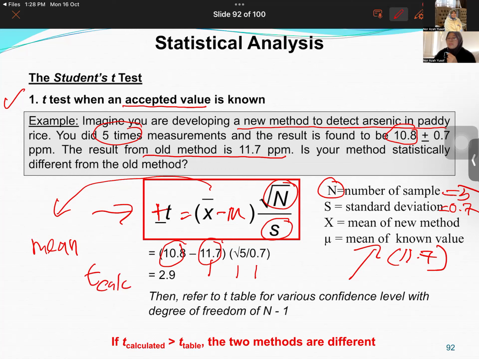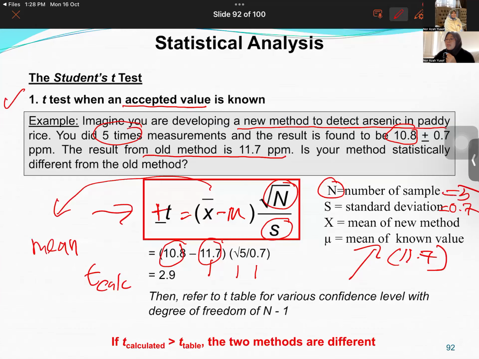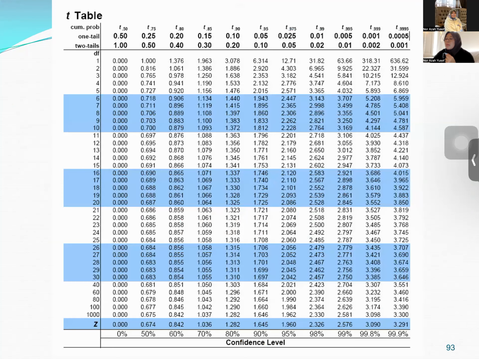Okay, so the same process now we need to do, which is referring to the table. So if you look at the table, this is the T table. In this case, there is no decision whether we want to do 95% or 99%. It's up to the question.